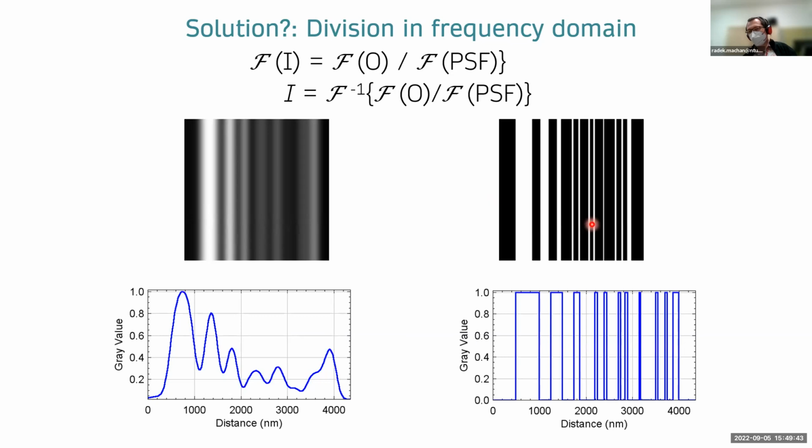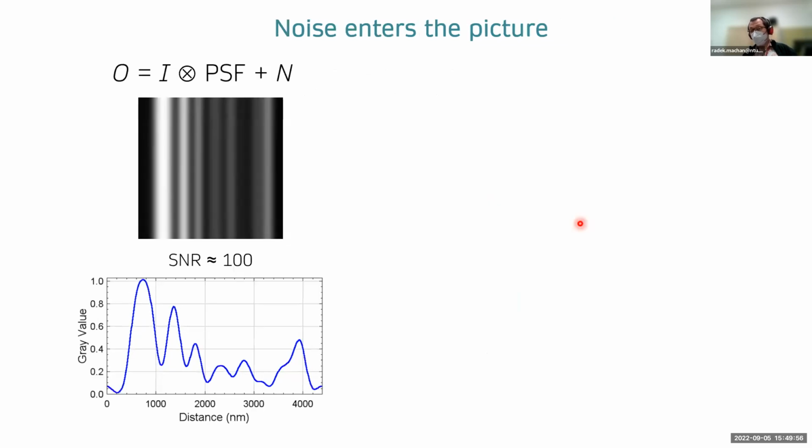The problem is that we forgot about something very important which was not present in this naive simulation. We forgot about noise. And that's something we can never escape. Every experiment and every acquired image will contain some noise.